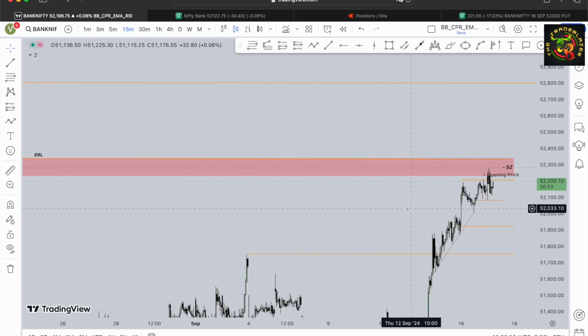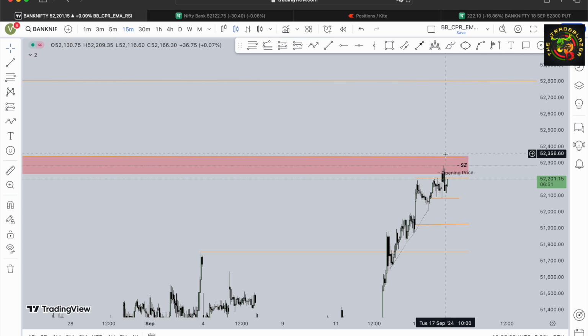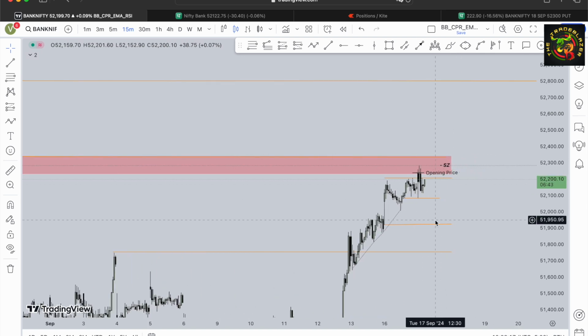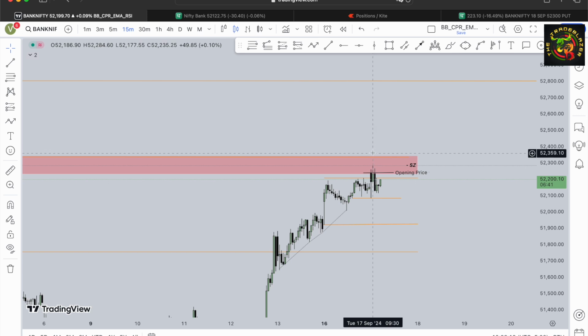The pool of liquidity is just available above the supply zone. So the market may try to tap into this pool of liquidity, or else the market can tap into this supply zone and give a pullback from there.